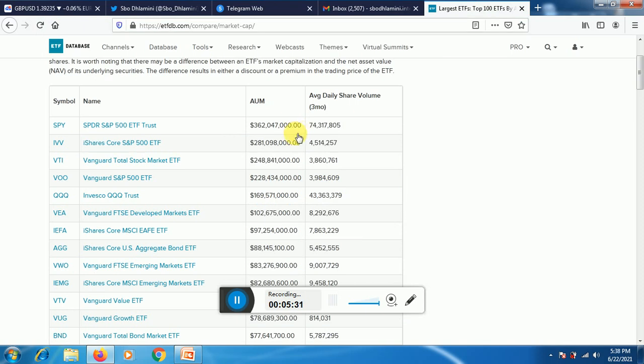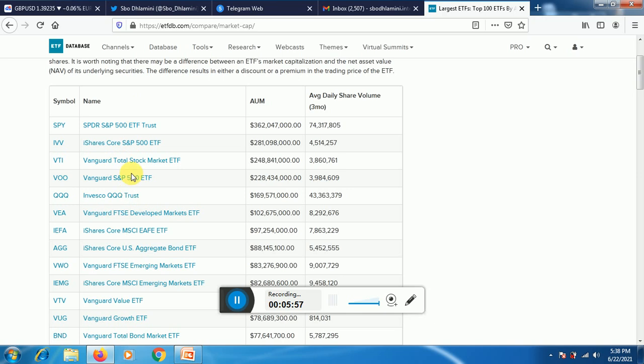These are other ETFs that are out there in the world. The largest one is the SPY, which I've used as an example, with 362 billion. The second largest is the iShares Core S&P 500, which also tracks the S&P. Then the Vanguard Total Market ETF is also big.